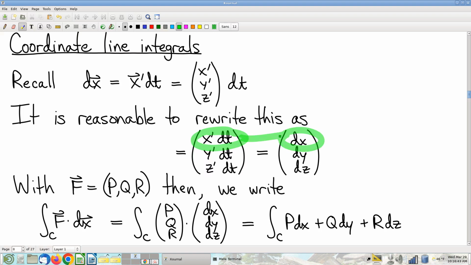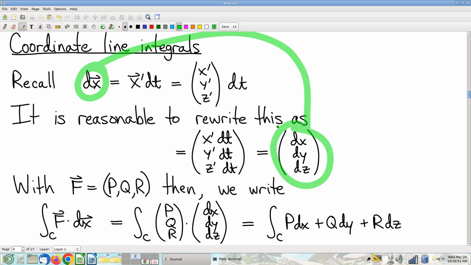And likewise for y prime dt, z prime dt. So as a result of just writing everything out in coordinates, we have a coordinate differential representation of our position differential dx. Now, it's just notation. Nothing here should be upsetting or disturbing.